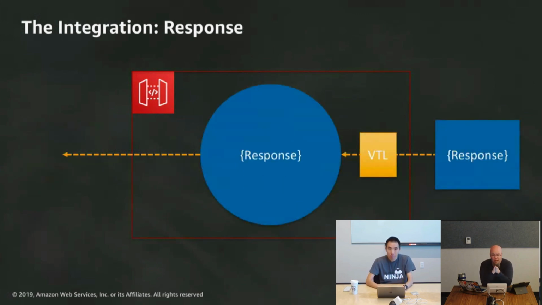The response is the same thing. The response is sent back from the service behind API Gateway, it goes through the velocity templating, and you get a response that could look somewhat the same or not the same at all, and then it's sent back to the client. So if you think about this in a basic format, this is how the difference between proxy and integration can be explained.